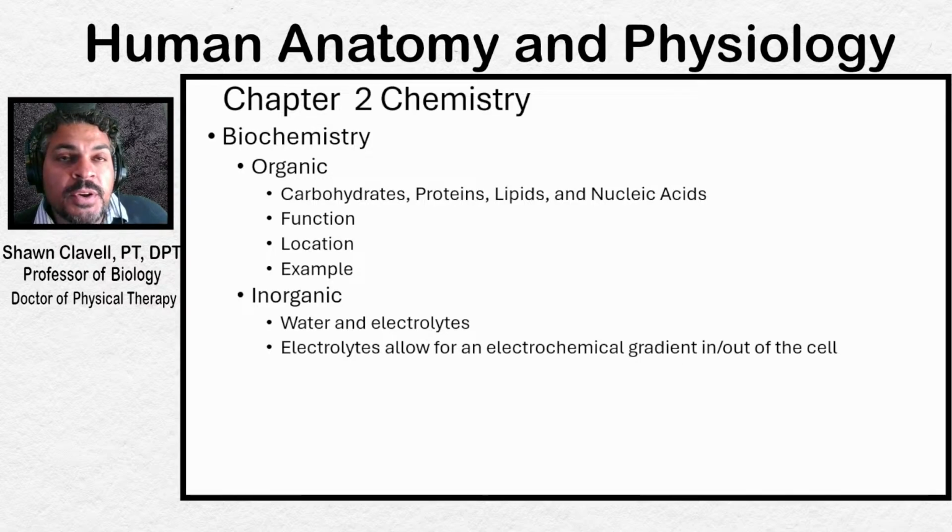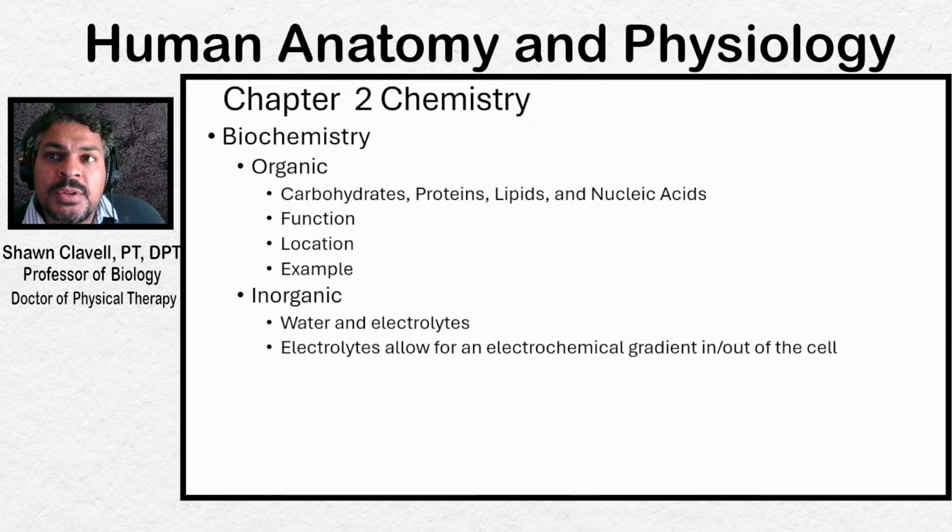What is their function? What is the function of carbohydrates in the body? Well, it's a readily available energy source. It's primarily an energy source. Where is it located? It's stored in the liver and in the muscles, but there's also glucose contained in the blood. It's transported through the blood. And what are examples?